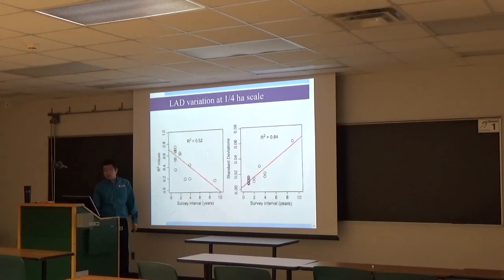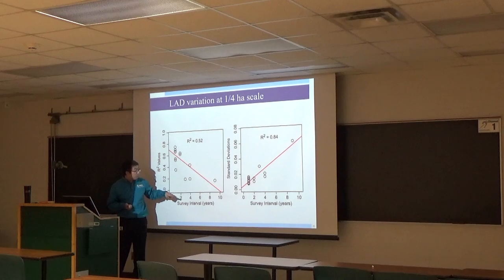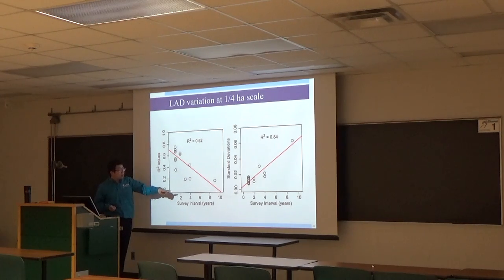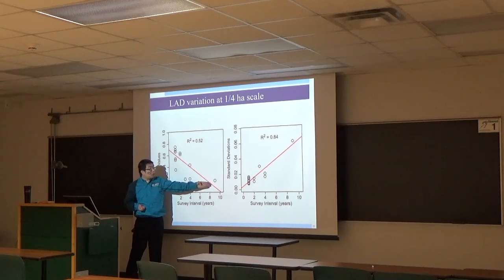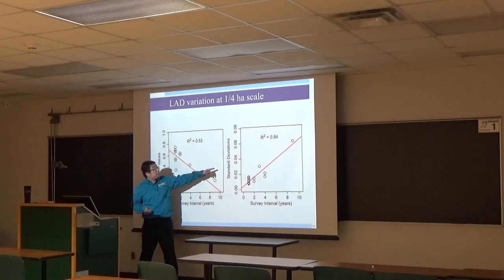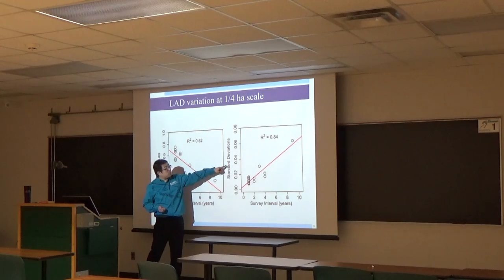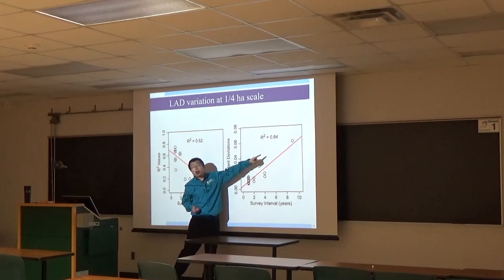What's interesting is when we compare the LAD profiles, they show some difference as we increase the survey interval years. Like if we have 9 years interval of the repeat measurement, like one survey in 2008 and the other in 2017, we have a very low correlation, and the standard deviation of the difference will be very high.